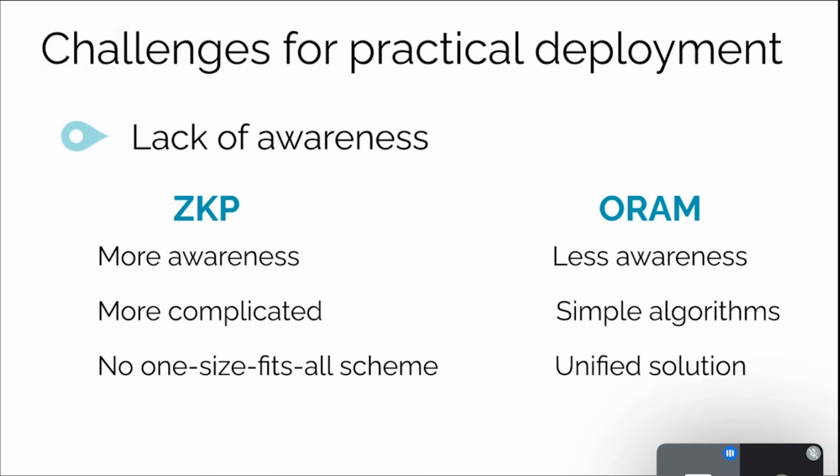And for zero-knowledge proof, there are many, many different schemes, and there's no one-size-fits-all solution. Whereas for ORAM, the landscape is very different. These algorithms are extremely simple, and for almost everything you want to do, there is a one-size-fits-all solution because the upper bound and the lower bound are tied up to small constant factors, and there's very, very little room for improvement for these algorithms.